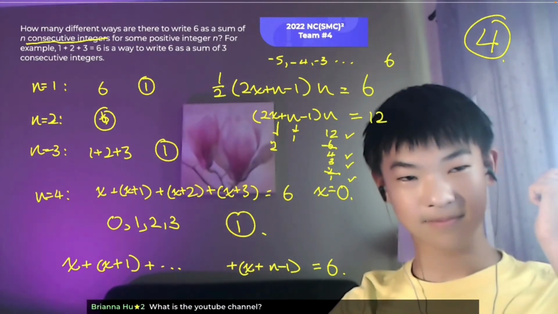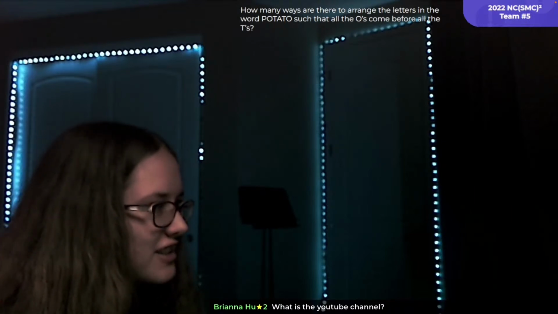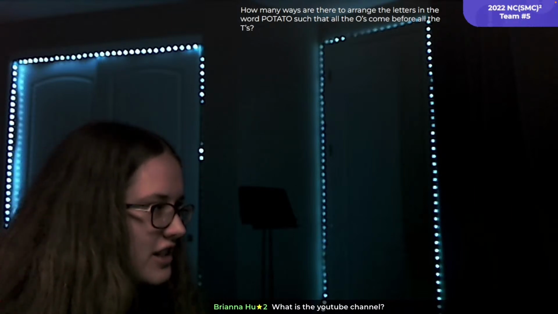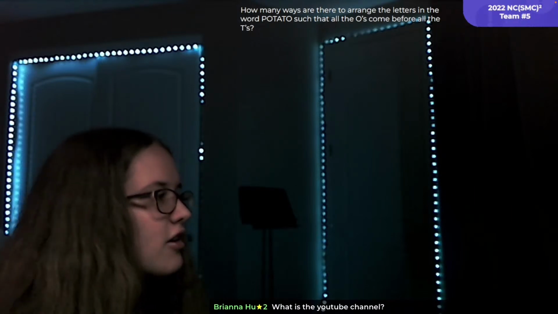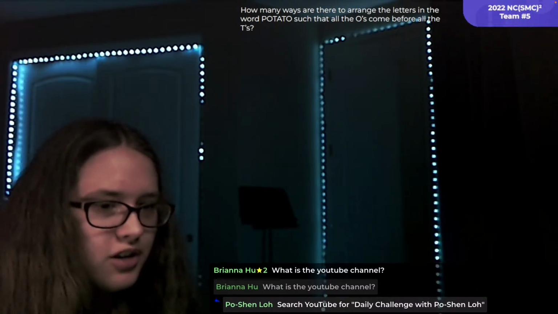Whoop. I love this. How many ways are there to arrange the letters in the word potato such that all of the O's come before all of the T's? Interesting. Okay.